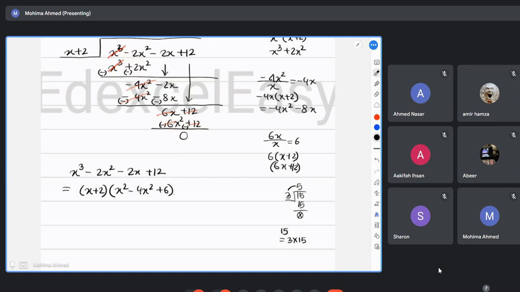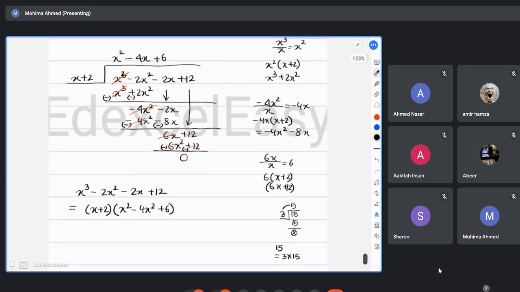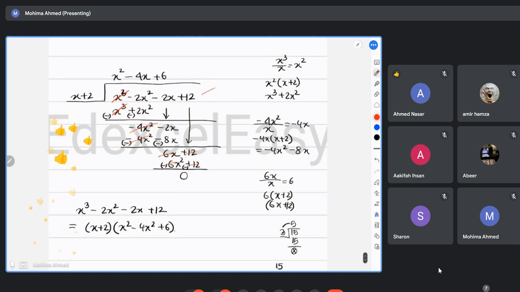Is this clear? Whenever the remainder is 0, you can write down in this format. These are the 3 sections for your long division.